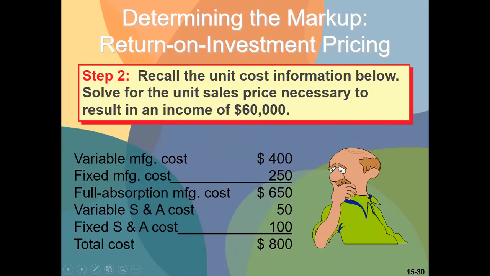Next, we also have to determine the markup. This is the return on investment pricing still. Step two is to recall the unit cost information below. Solve for the unit sales price necessary to result in an income of 60,000. At this point in time, you are looking for the price that would equate to this particular case. And here are the cost items, by the way.